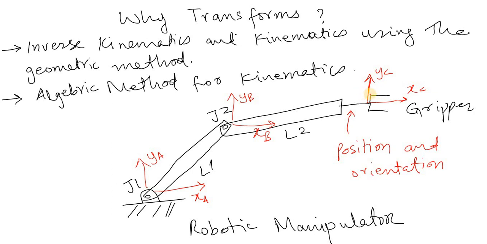To find the position and orientation of this frame, we calculate it with respect to frame B, and then we calculate the position and orientation of frame B with respect to frame A, and that's how we transform the position and orientation of the gripper in frame C to frame A, which is our reference frame.